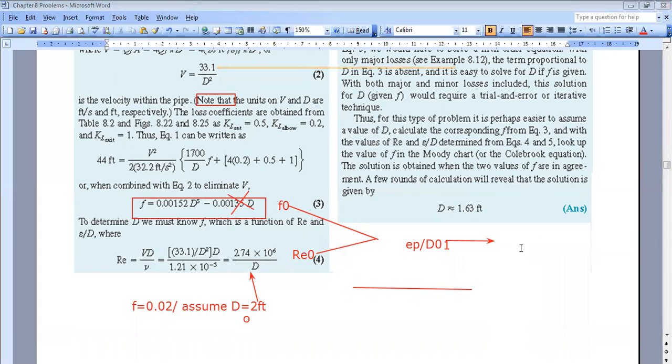So now what should I do? I will compare d1 with d0. So now the strategy is to compare d1 and d0. If they are close, and if the difference is less than 5%, you stop.